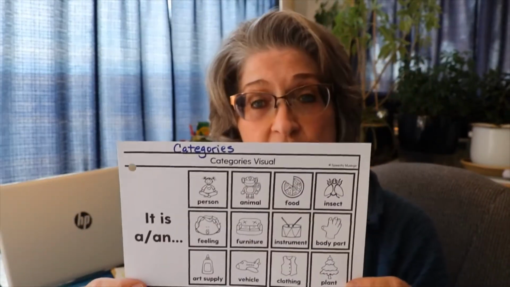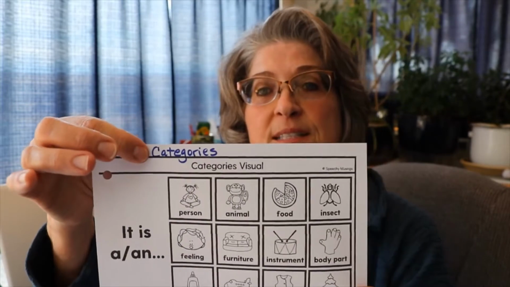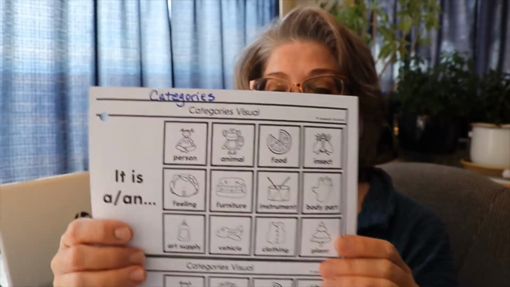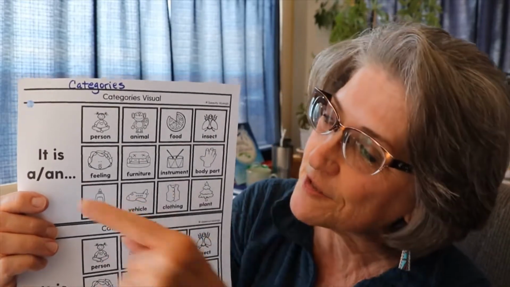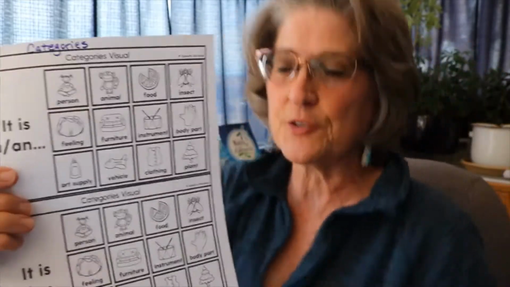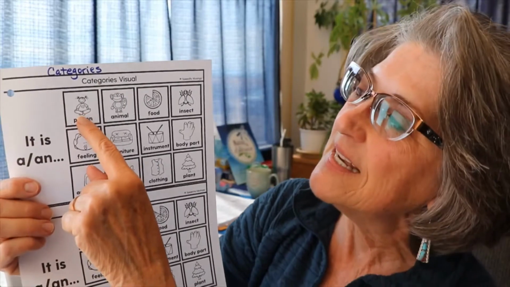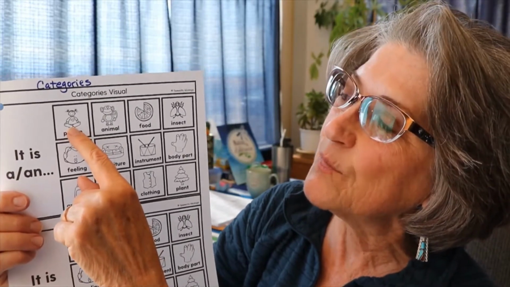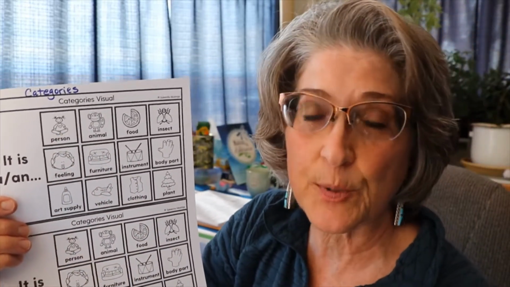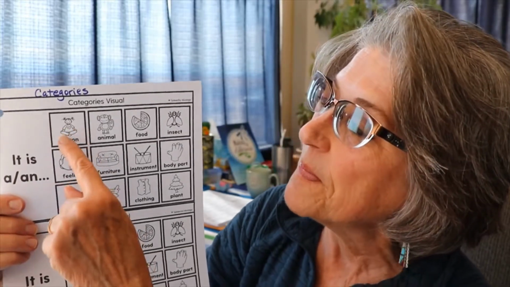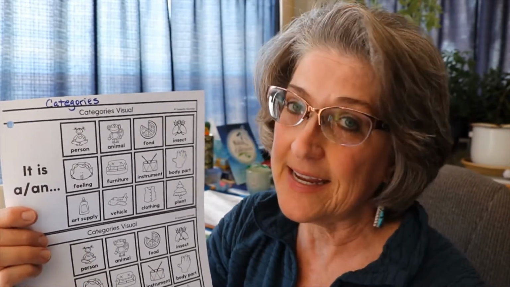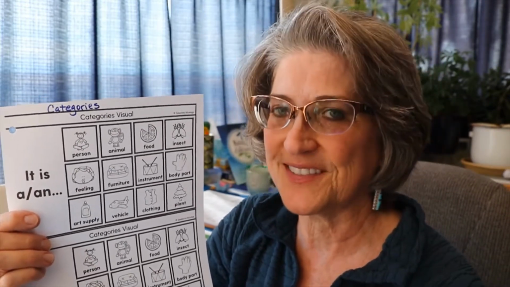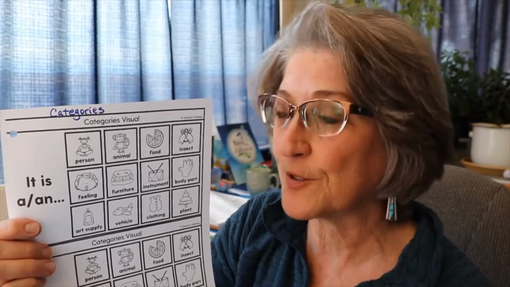So in the worksheets, I've put categories at the top here. And you could also place them, there are lots of things you can do with this particular sheet. So you can ask your child, what is this? And your child might say it's a person, or they might say it's a girl. And you might ask them, can you tell me some examples of other persons? If they can't, you could say a teacher is a person. Your uncle is a person.